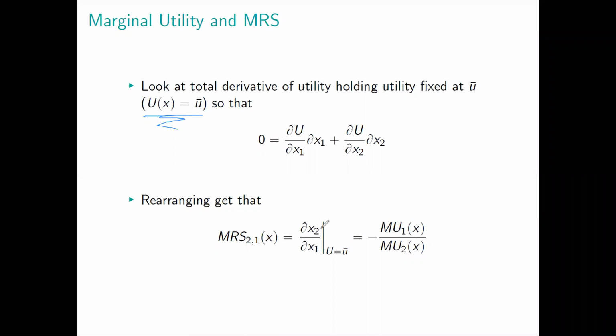So we see that the change in x2 with respect to x1 is actually just going to be negative the ratio of the marginal utilities, where now the marginal utility of 1 is in the numerator and the marginal utility of good 2 is in the denominator. And this makes sense if you just think of these units, right? So it's units of good 2 over good 1.